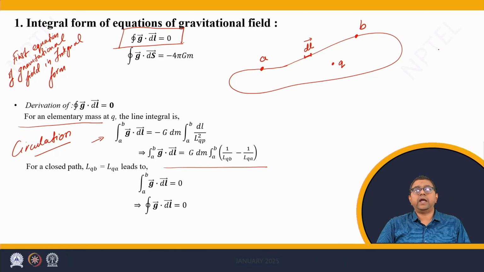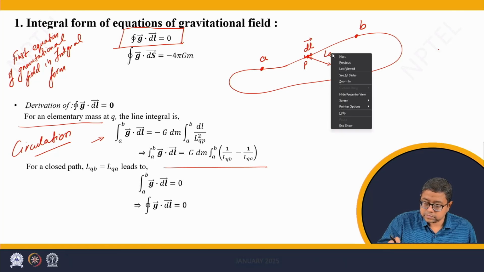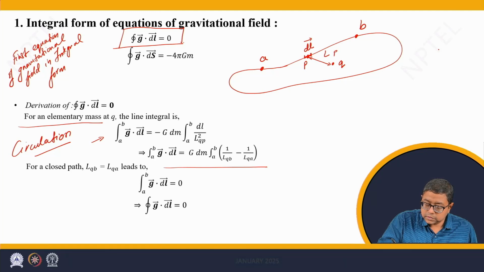Now A and B can be any 2 points on this closed loop. We denote the location of this line element dl vector as P. The distance between P and Q is LQP.